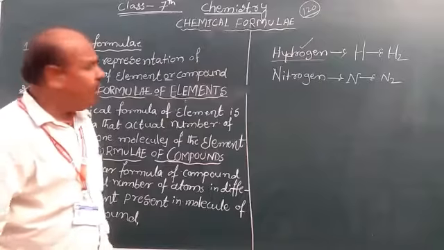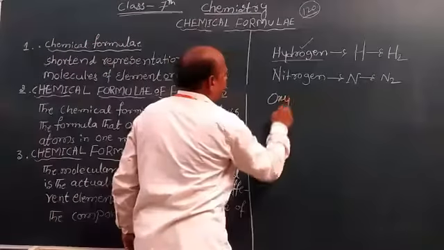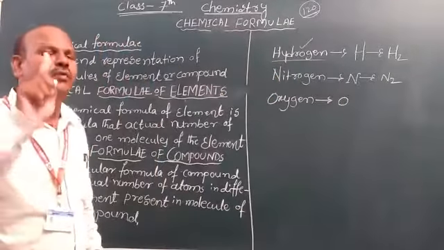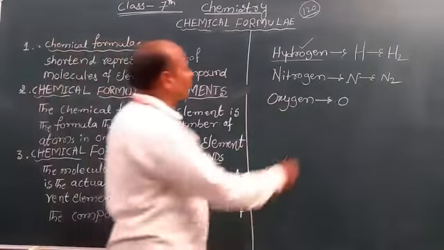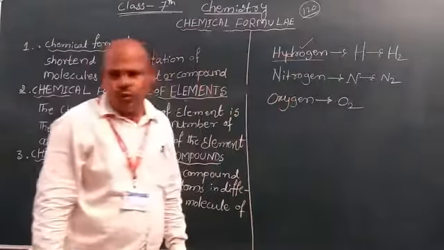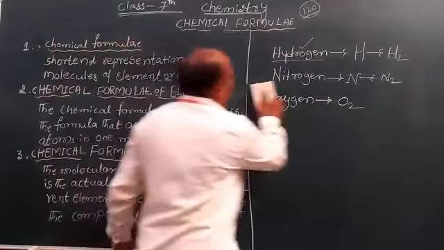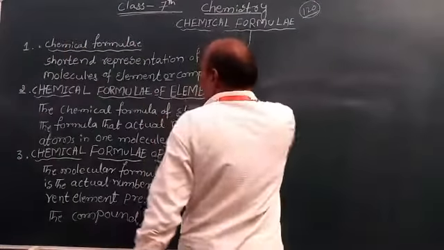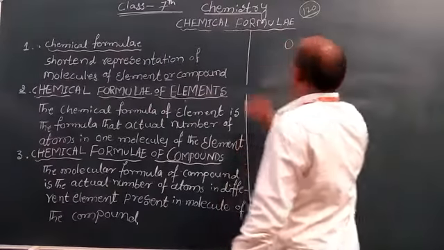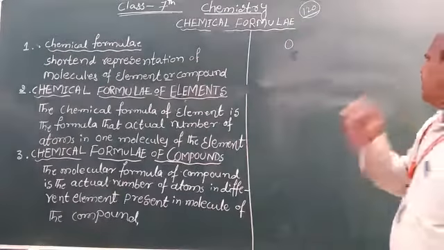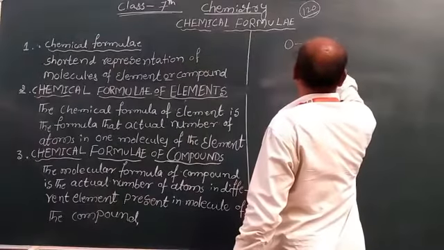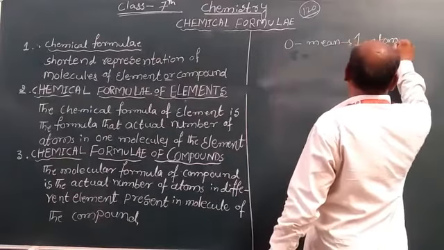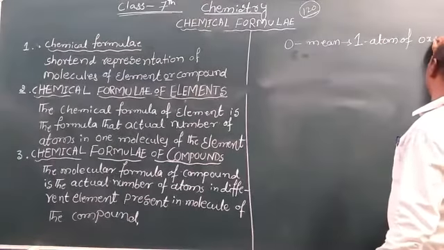Similarly, take oxygen. What is the meaning of O? One atom of oxygen. And O2, the formula of oxygen, is O2. Now we will think about the chemical formula of the element. O means one atom of oxygen.